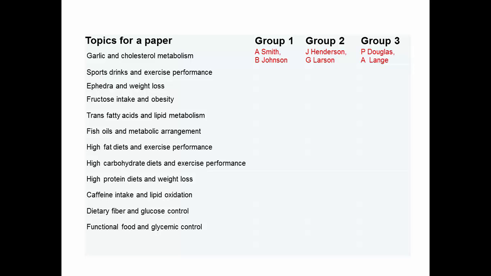So for example, with 3 groups, you can just write your name on the table. Once you see that a topic has 3 spots occupied, you cannot sign up for this topic anymore, all right?